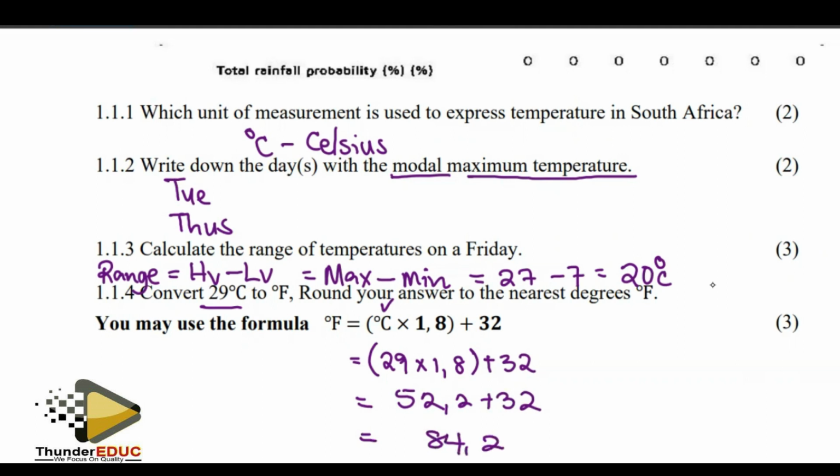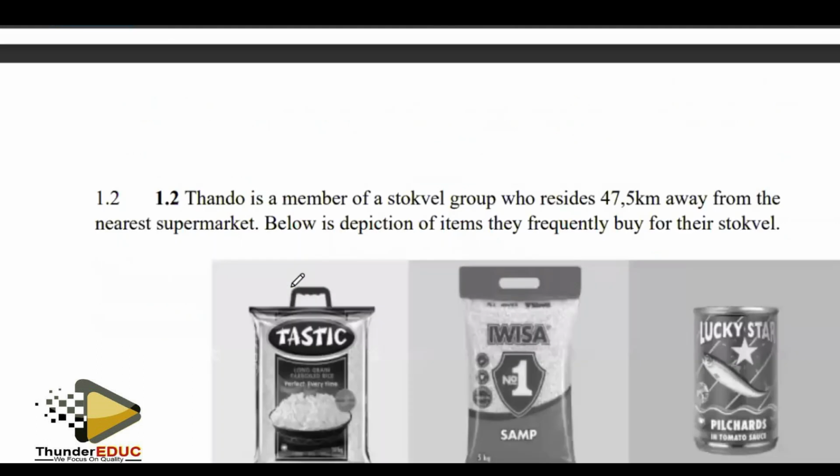But take note, they said to the nearest degree Fahrenheit, so we don't need the decimals. The answer is supposed to be 84 degrees Fahrenheit. All right. We'll look at question number 1.2.